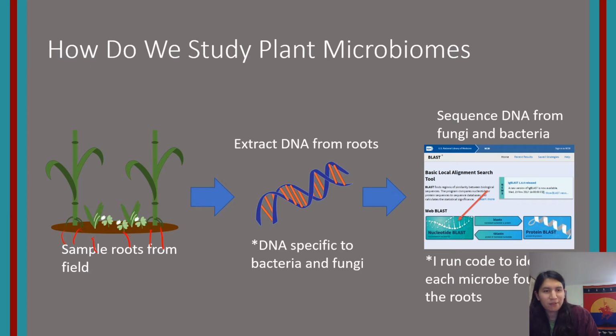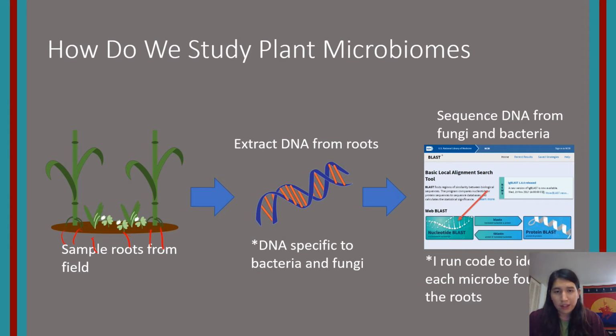That's why we took the roots from corn, because we don't need to identify anything with the corn DNA. But on each root, when you pick up a root in the soil, you see a little dirt, but also living on that root are tons of bacteria and fungi. So we break down the root and extract DNA only from the bacteria and fungi, and then we sequence that fungal and bacterial DNA to see what's exactly living on the root.